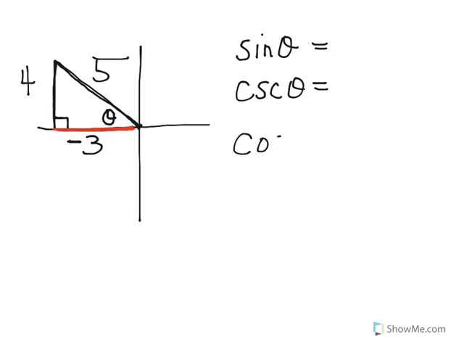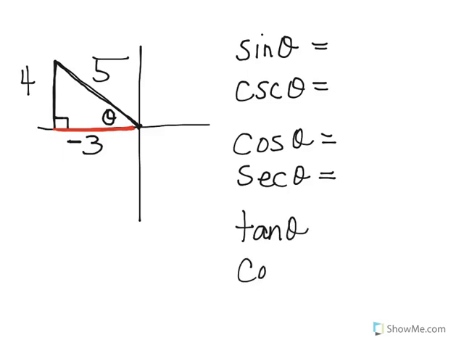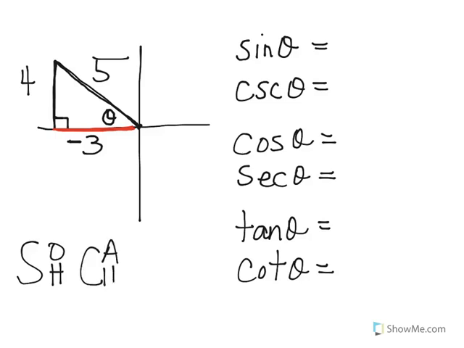And then we'll do cosine and secant, and then tangent and cotangent. And of course we'll use our knowledge of SOHCAHTOA to help us through this.